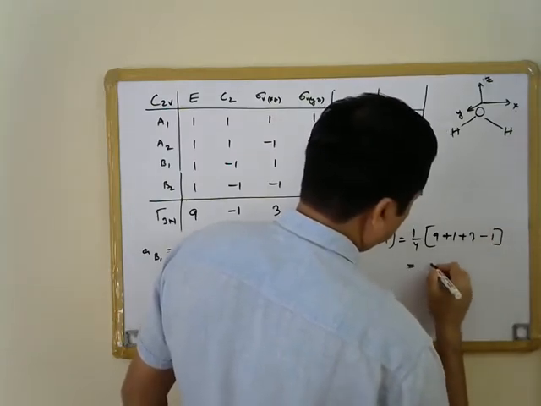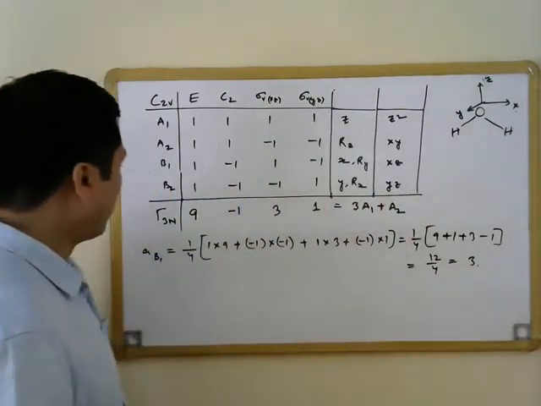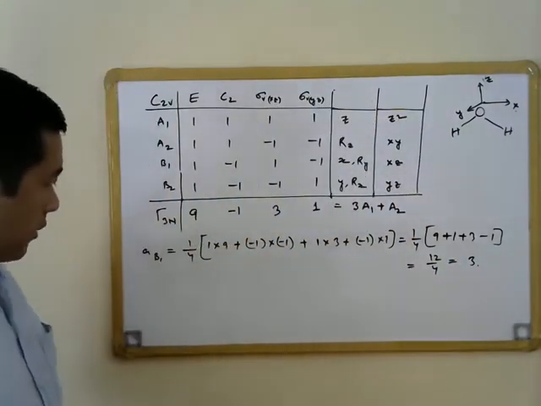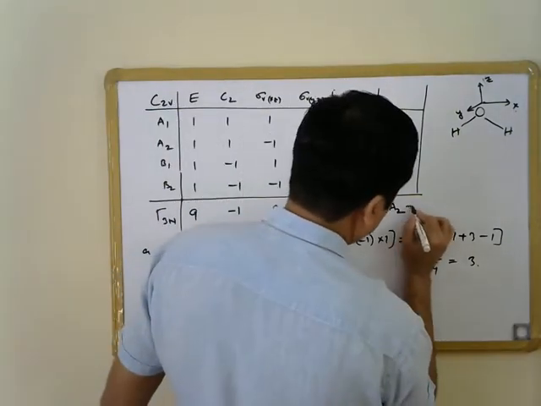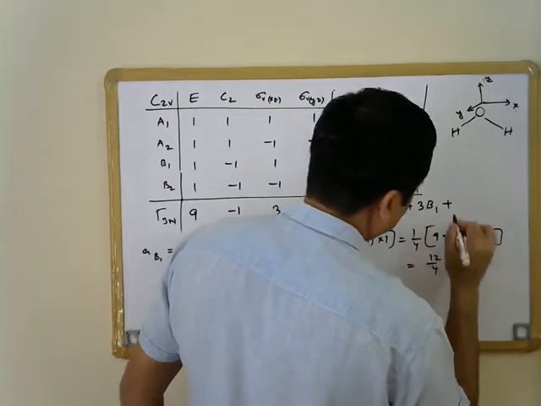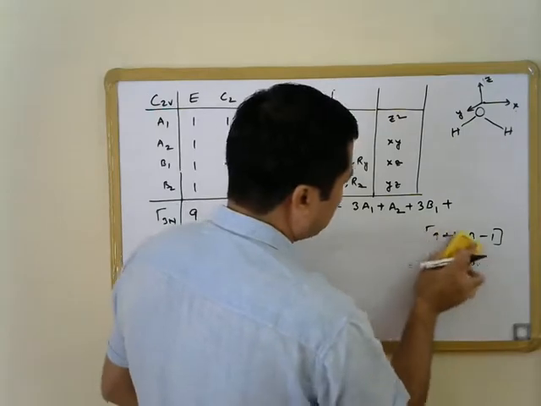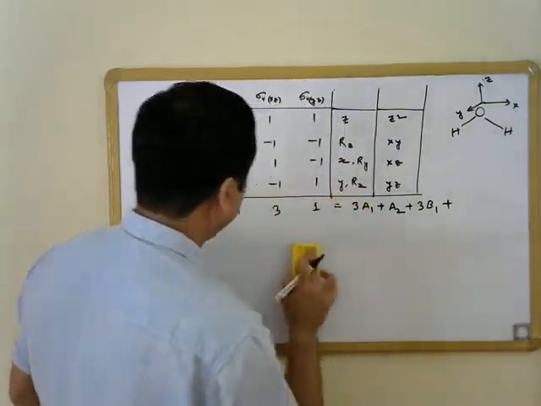So this is again 12 by 4, 3. So B1 also appears 3 times in this reducible representation. And we now need to find out how many times B2 appears in this reducible representation.